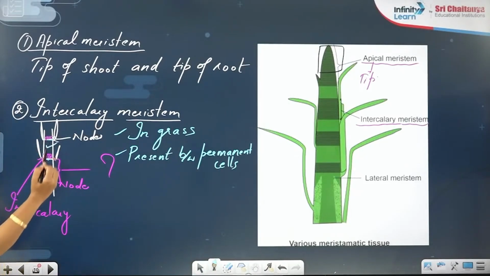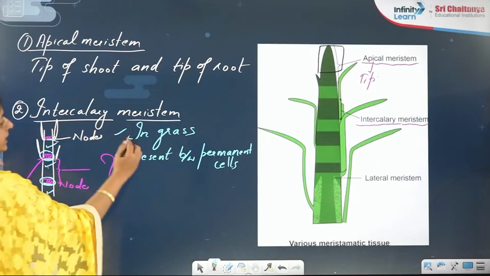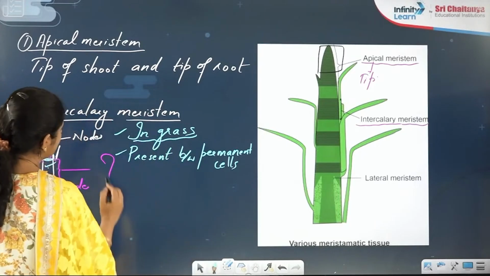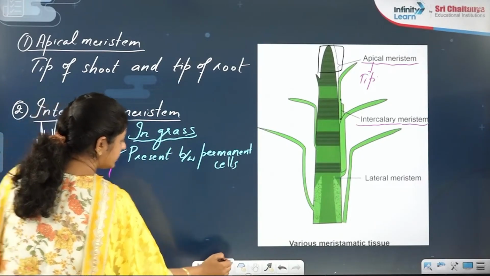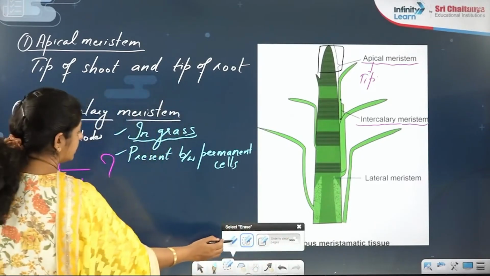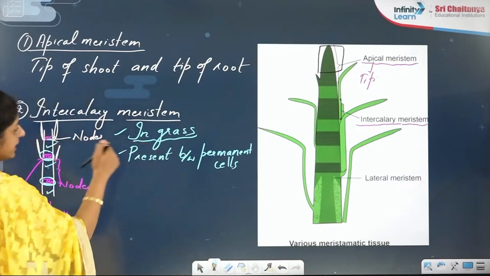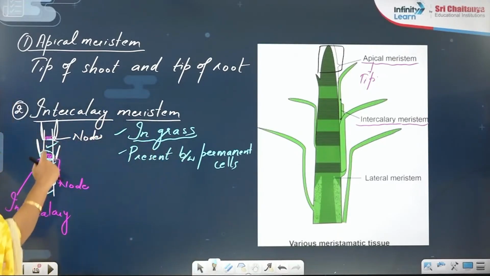So this is permanent, this is permanent. Between that permanent tissue, you have this meristematic tissue, right? So intercalary meristem is present in grasses, between the permanent cells.